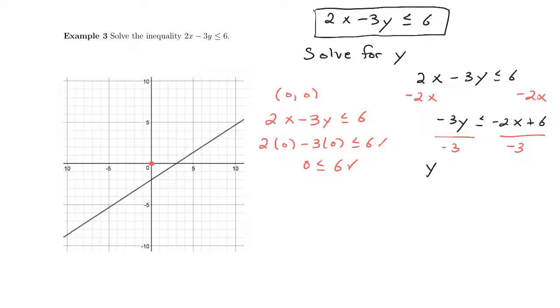I get y is greater than or equal to, and on the other side, it would break apart into 2/3 x. Again, that's a -2 over a -3, so the ratio is +2/3, but we get -6 over 3, so it's going to be -2.